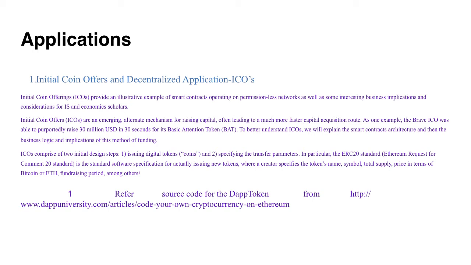The creator specifies the token name, the symbol, the total supply, the price in terms of Bitcoin or ETH, the fundraising period, amongst others, and exactly how and why these funds are raised, and how and why they are going to be used at the end of the day. So once these ICOs are disclosed, then retail users can invest in either Bitcoin or Ethereum and purchase tokens from those firms issuing the ICOs. Okay.